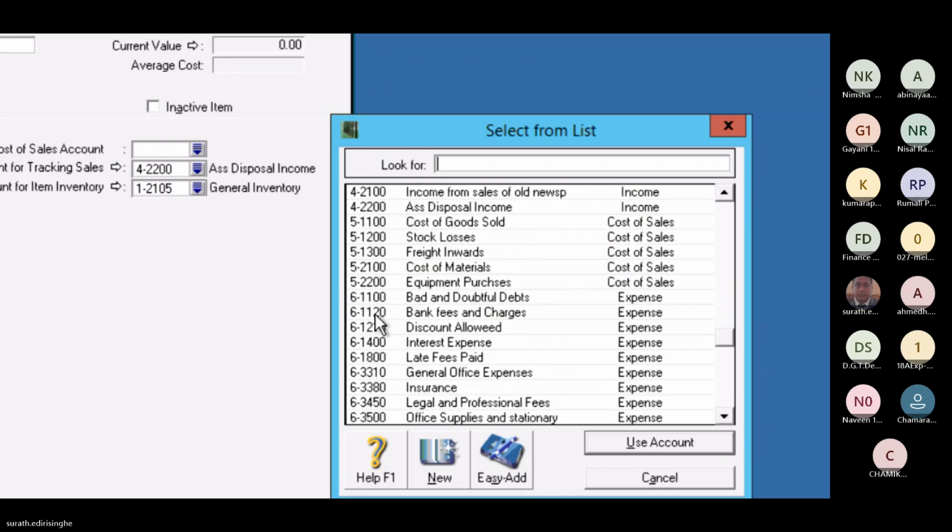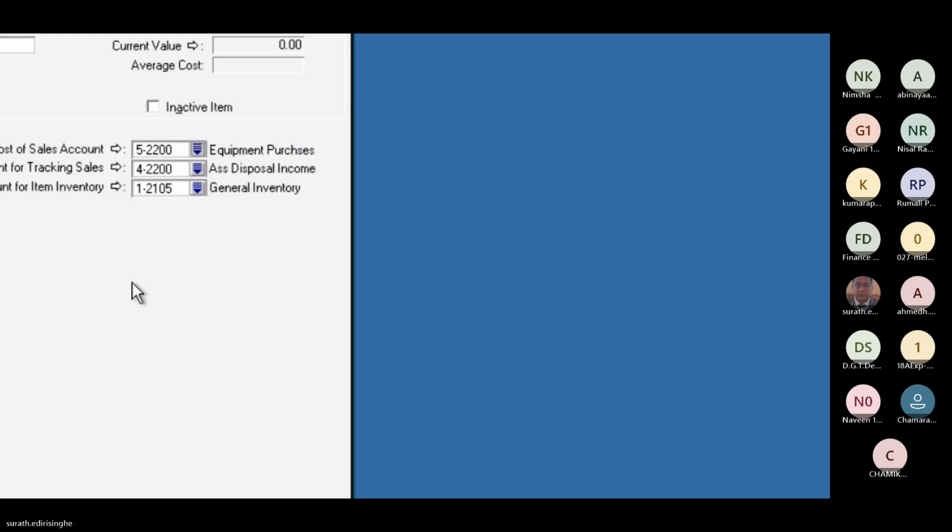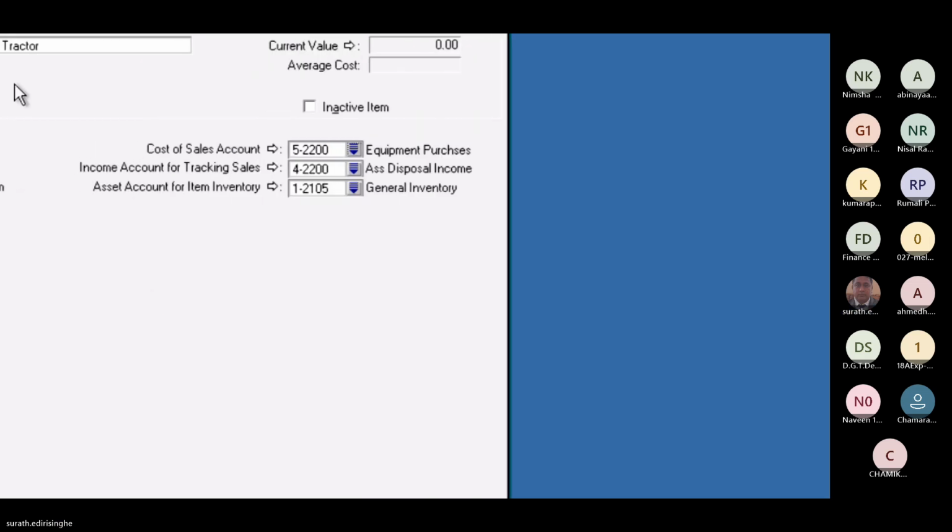Here, the equipment purchase account is there. You can edit this account, or rename it like asset purchase. How do you edit this account? Double click. I select here the equipment purchase account.